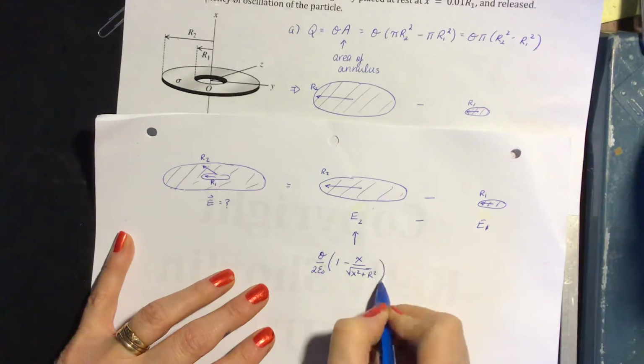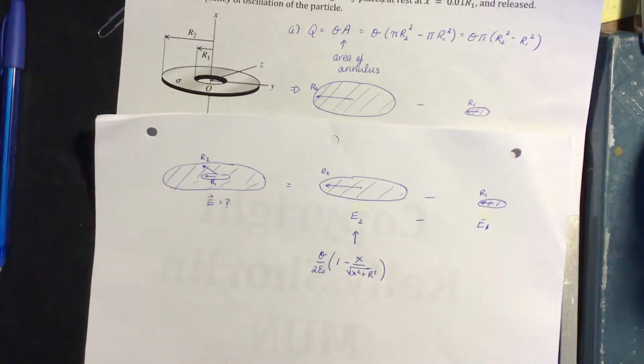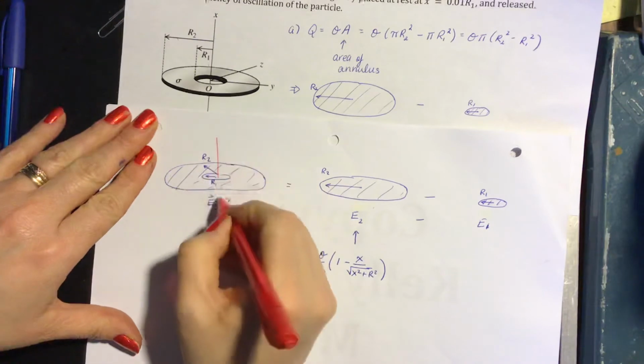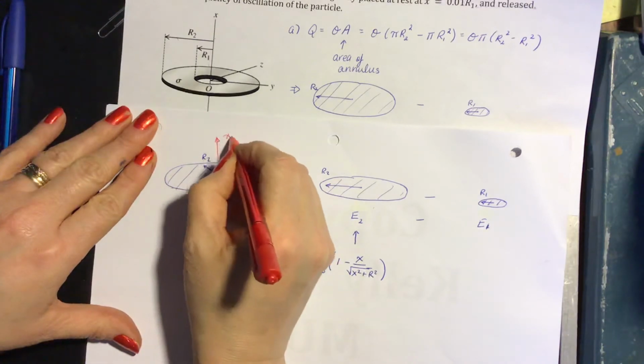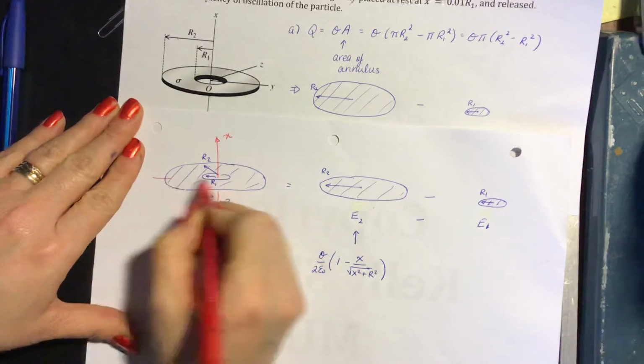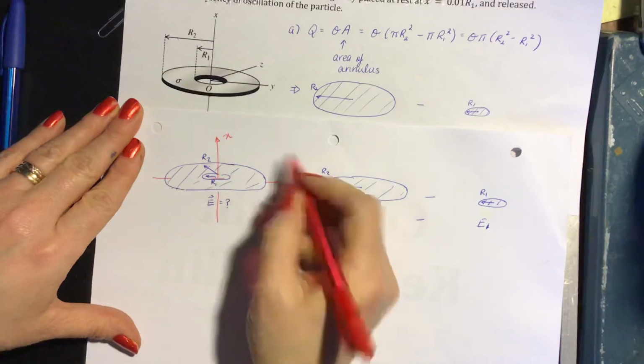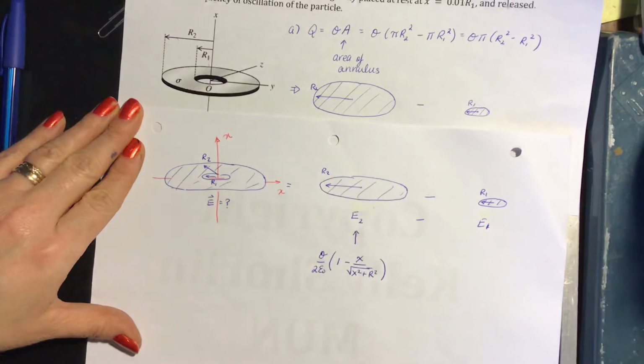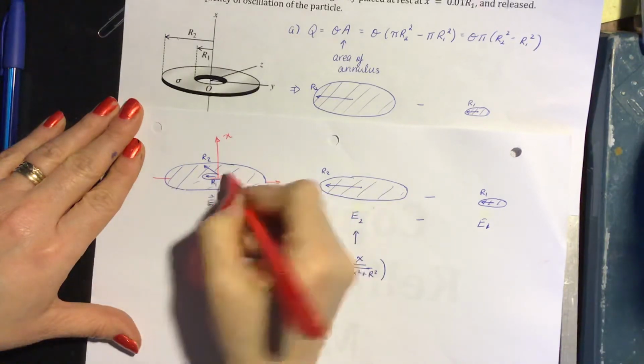And just so we don't get confused with our coordinates, let's get that on there again. So our x-axis points up, y-axis is to the right, and our z-axis is into the page.